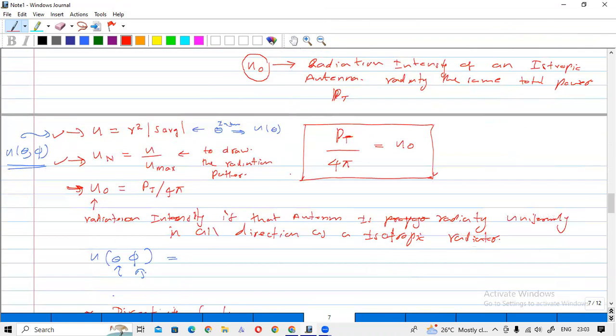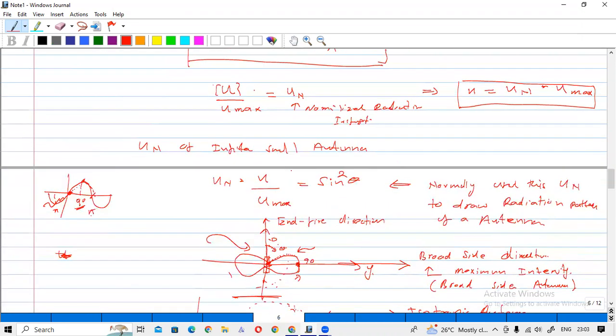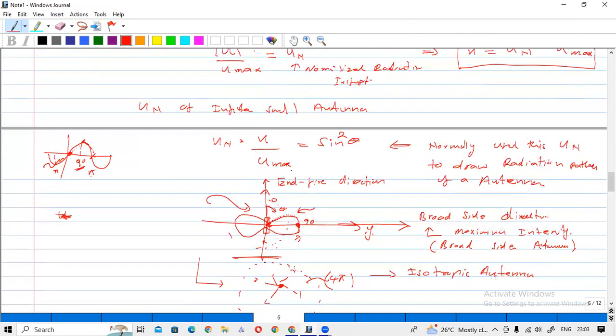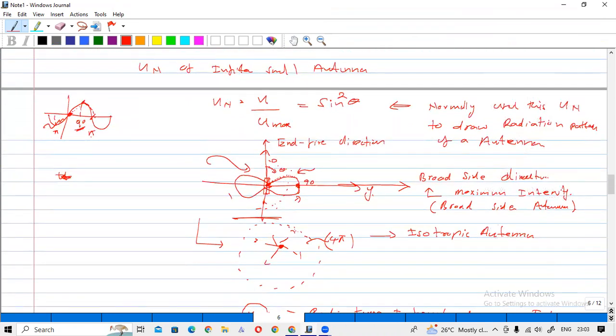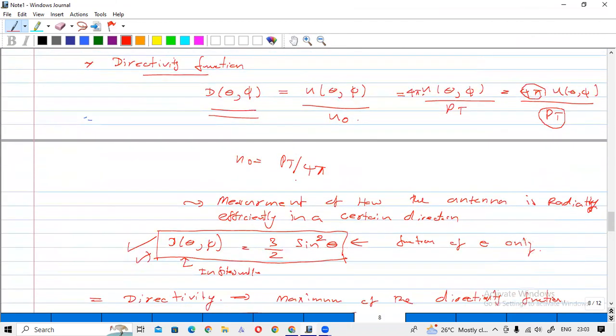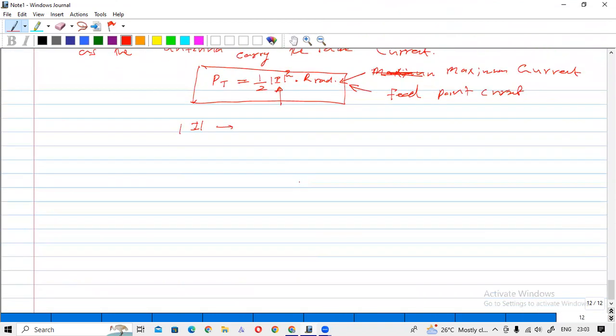Basically, we first found the magnetic vector potential, then the H field and E field. Then we found some parameters: the average power density, S average, and the total radiated power.